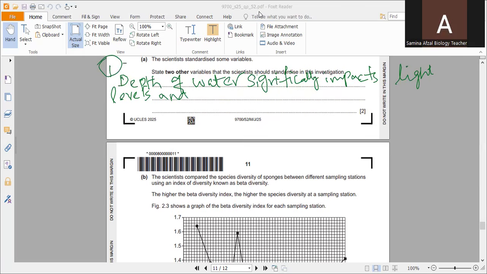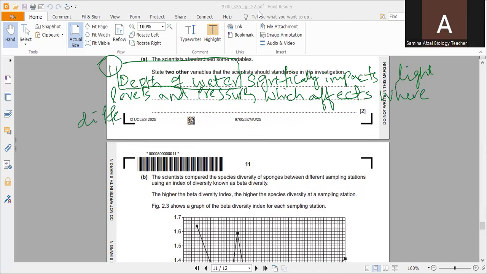So depth of water should be the same, which affects their different sponge species can grow.